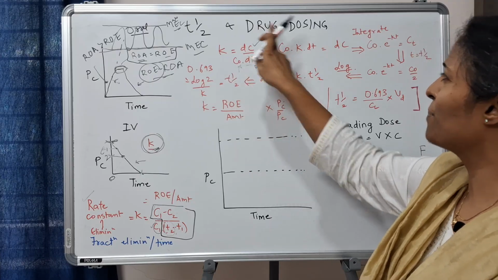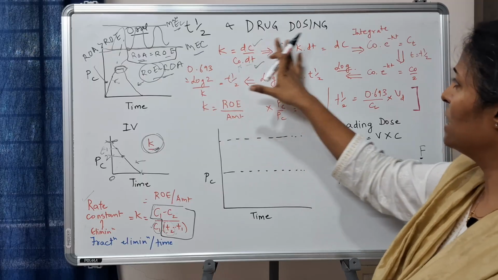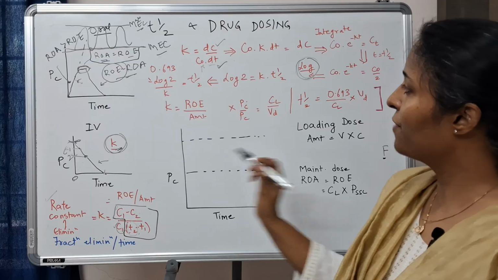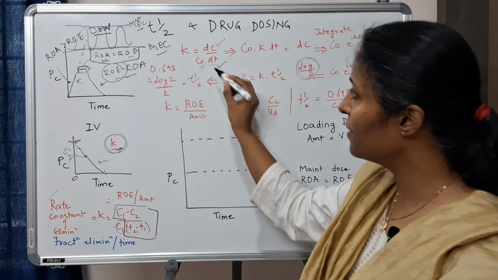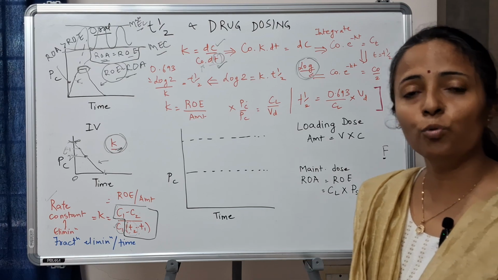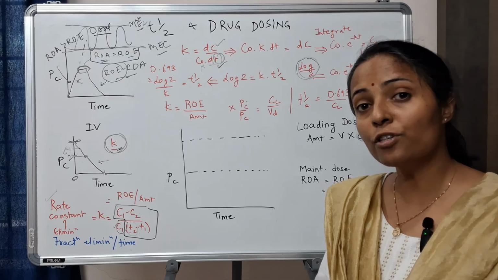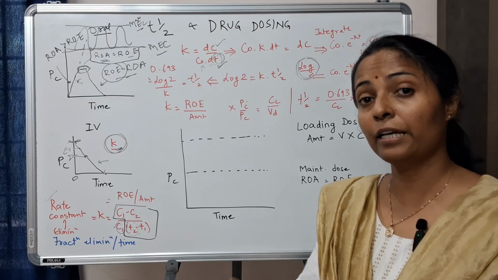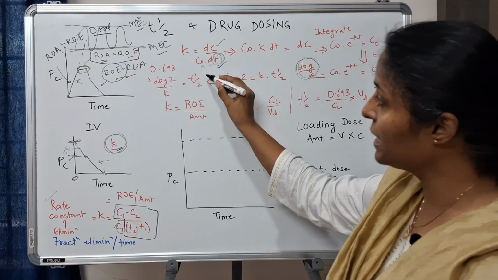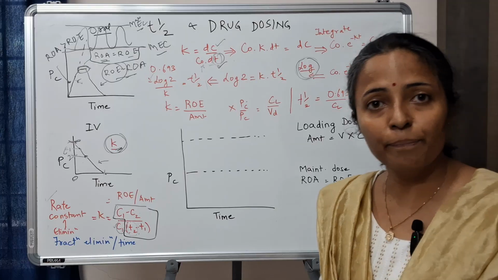By rearranging, I'm not going into the detail of all this, by rearranging everything and taking log of the equation, we finally reach the equation where, if T is equal to T half, that is the time at which the concentration of the drug is halved. In how much time is the concentration of the drug halved? Okay, so T half, if we take it, will come to log 2 divided by K.